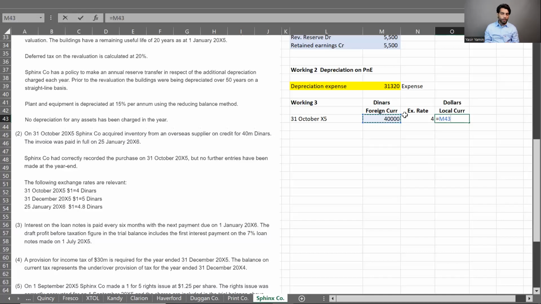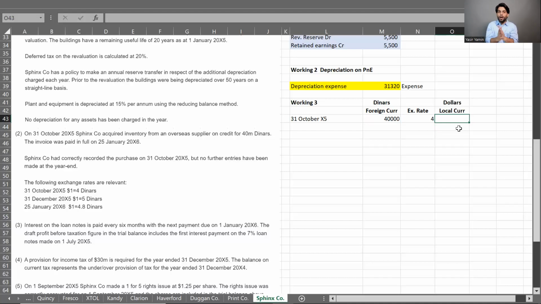If I multiply, the value would be higher. 40,000 dinars equals $160,000. The value gets higher. This is wrong. You have something more in dinars and the dollar value will be less. So you need to divide.